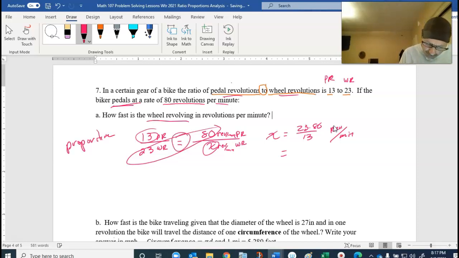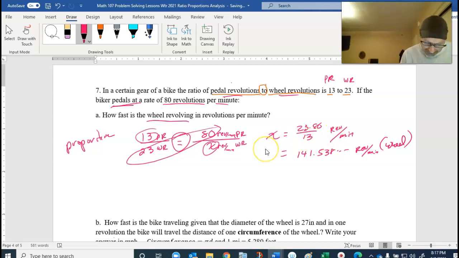We went to an equal sign. And so let's calculate that. 23 times 80 divided by 13, and I'm getting 141.538. And that's going to be revolutions per minute, and that's for the wheel. I think that's what it asks for, the wheel revolutions per minute.